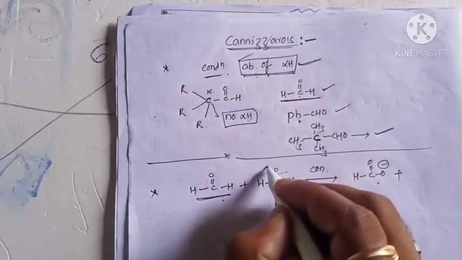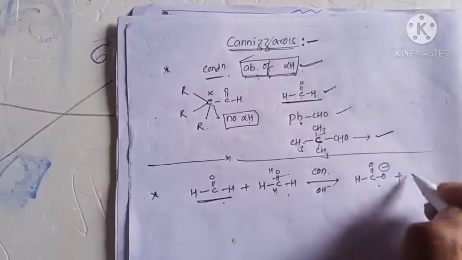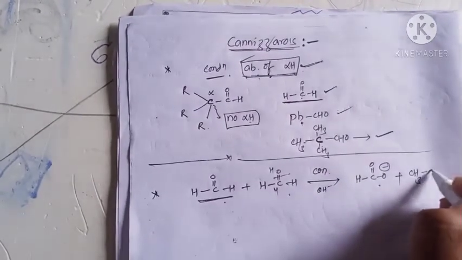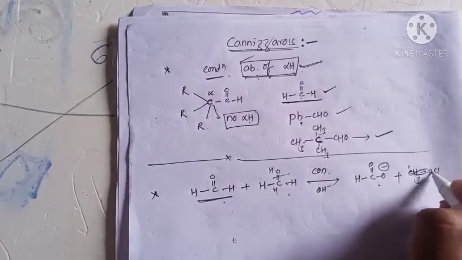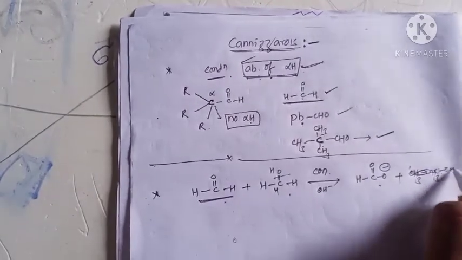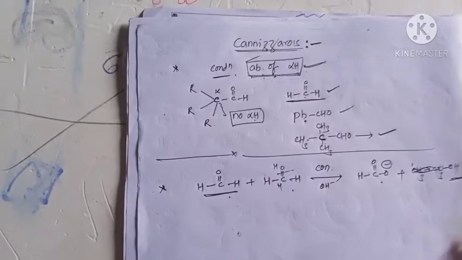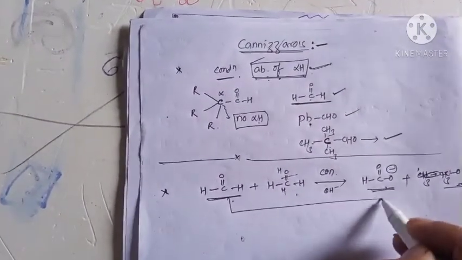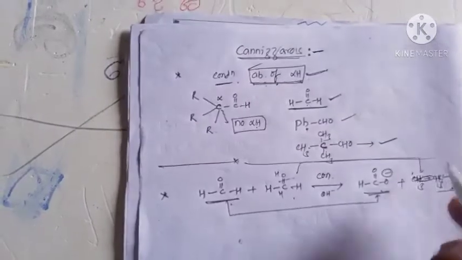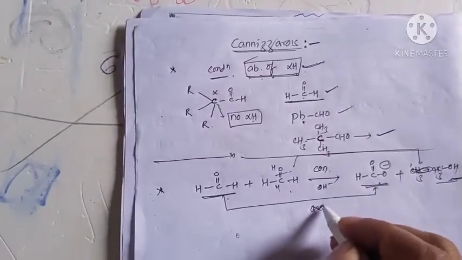Reduction means just addition of hydrogen, so it is converted to alcohol, CH3OH. So one molecule undergoes oxidation, the second molecule undergoes reduction.